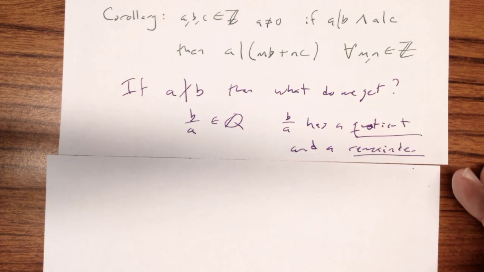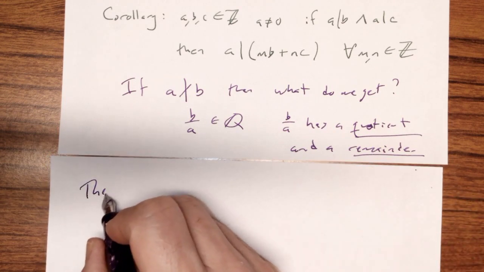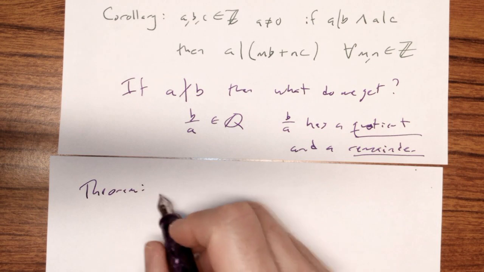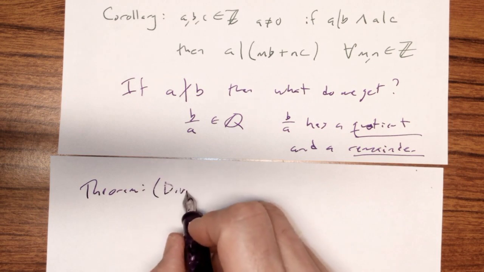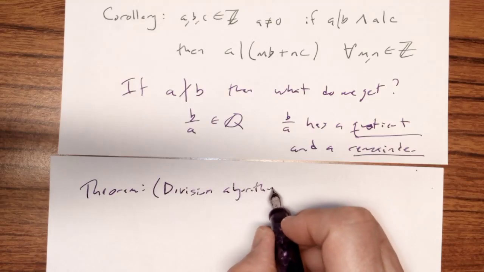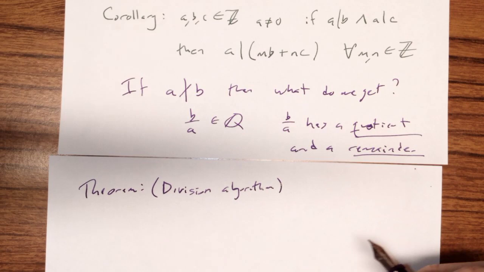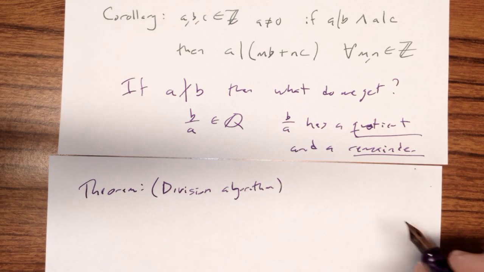The following is called a division algorithm, even though in and of itself it really isn't an algorithm, it's just a theorem. By the way, this dates back to Greek antiquity, so this is about 2,200 years old.